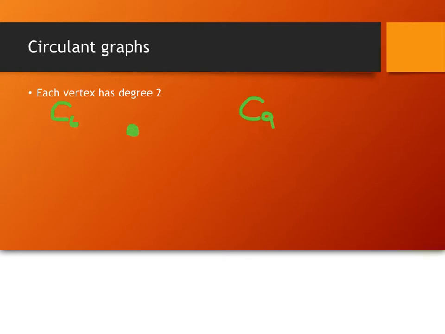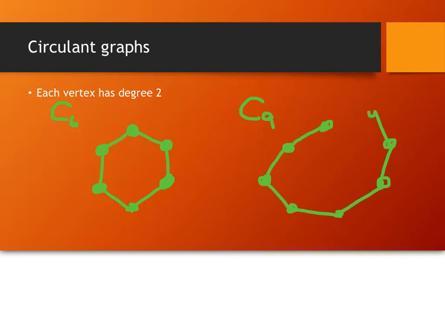C6 is fairly straightforward: 1, 2, 3, 4, 5, 6 points arranged in a circle. That's the easiest way to draw things. C9, we're going to have 9 points, obviously: 1, 2, 3, 4, 5, 6, 7, 8, and 9.